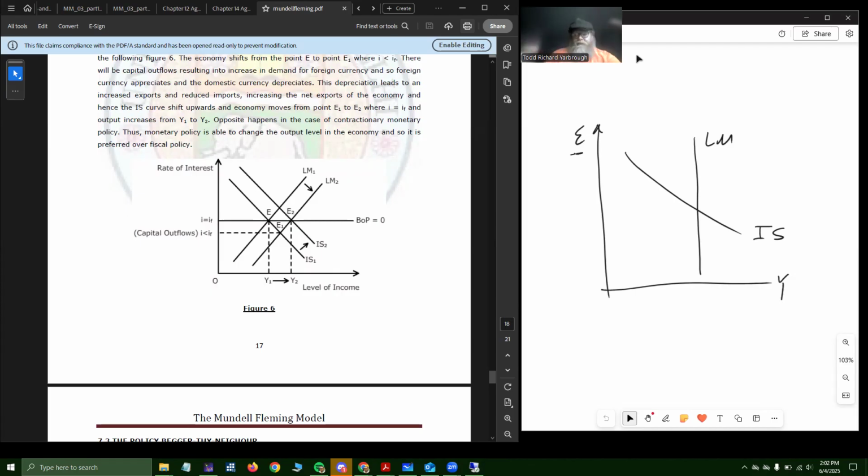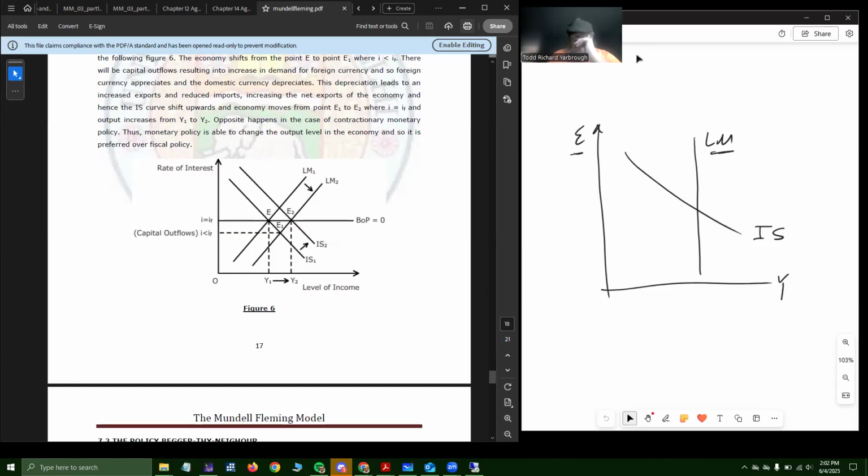Now, normally in IS-LM, that's the real interest rate. In this particular version of the Mundell-Fleming, what is essentially going on is that we are fixing the LM curve at a particular interest rate, in a way that simplifies the interaction between policy and exchange rates.